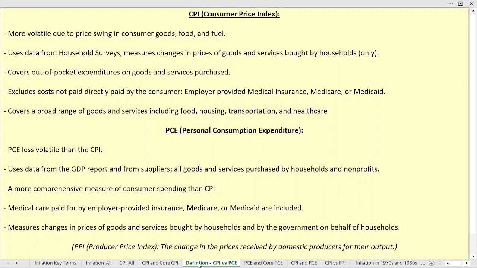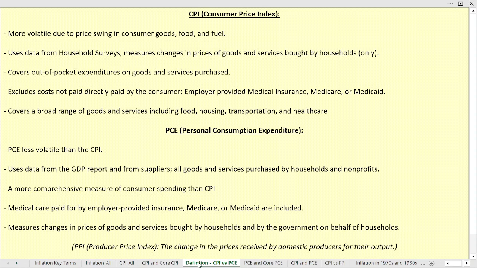Now, the CPI, we said, covers the cost for goods and services purchased by households only. The PCE covers the cost of goods and services by households and nonprofit organizations. The PCE is a more comprehensive measure than the CPI.